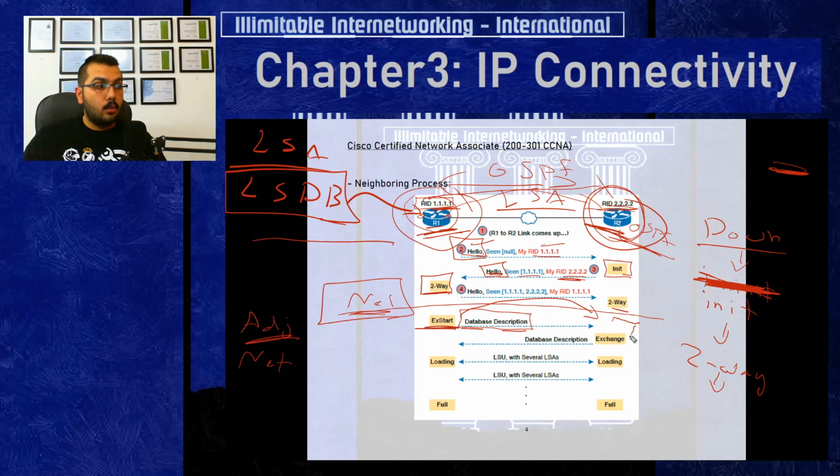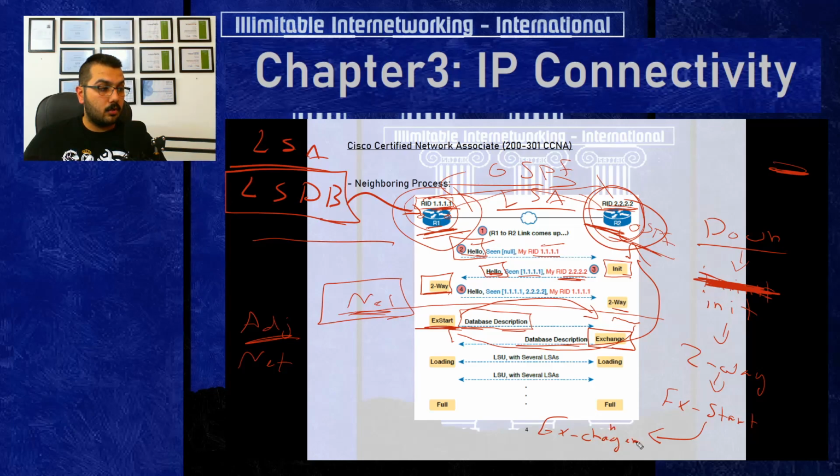Once the other router replies to R1 with the required database description of its own database, and I record it inside my database, we again have identical databases between both routers, and then we enter what's called the Exchange state.